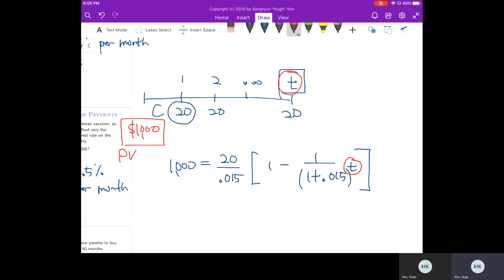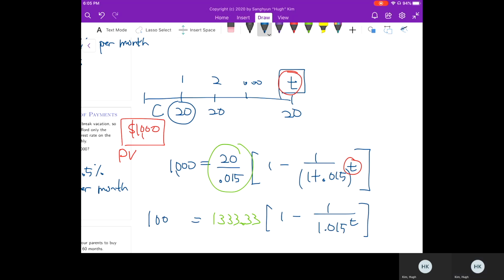Okay, let's do this step by step. So let's do this first: 20 over 0.015 is equal to 1333.33, so that times this is equal to 1,000.